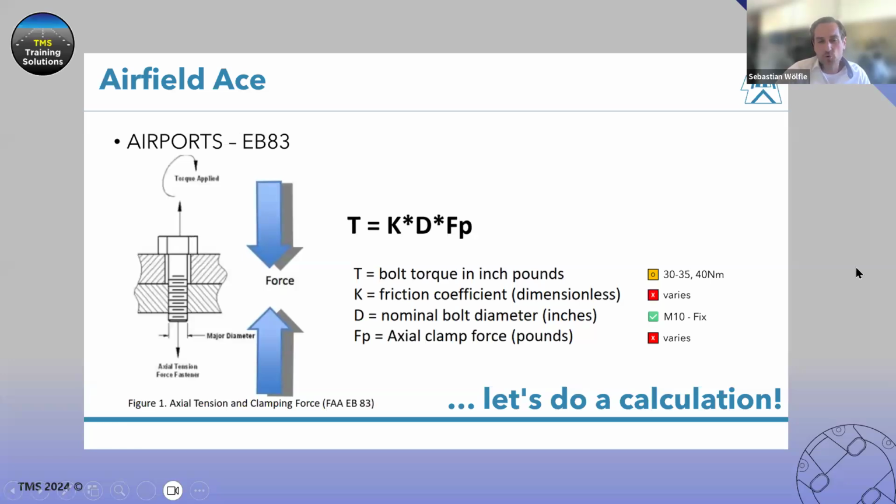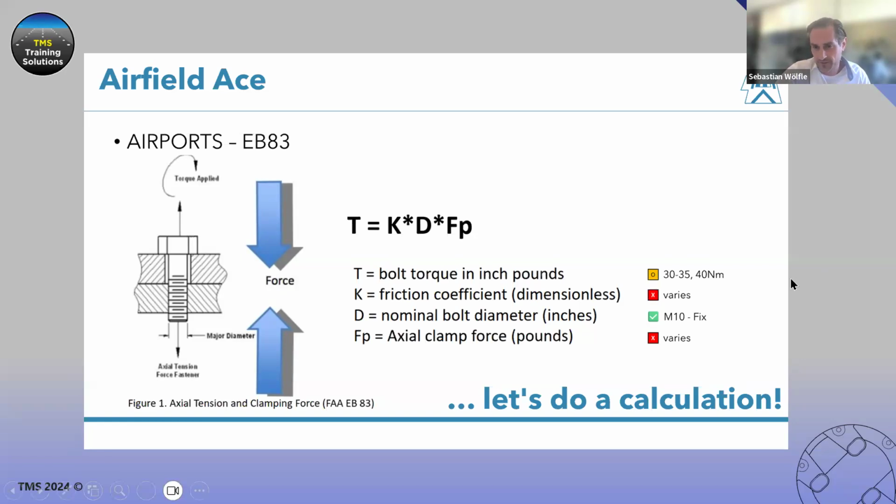If you look at how we calculate this force, there are a few dependencies. The left picture is the torque. Torque is the twisting force which is applied to achieve the axial clamp force. And the axial clamp force is calculated by a very simple calculation shown here: T, which is torque, then K, the friction coefficient. Torque usually comes with 25, 30, 35, 40 Newton meter.